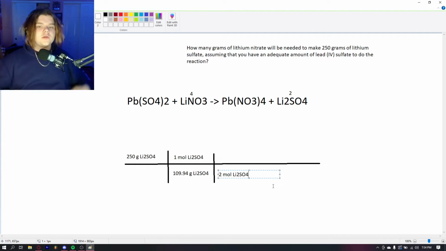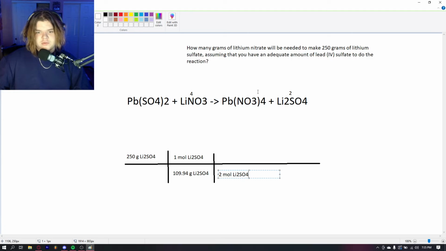After you have that, this is when you do the mole ratio. The question asks that we figure out how many grams of lithium nitrate we will need to make 250 grams of lithium sulfate. So that means we need to get the mole ratio of lithium nitrate and lithium sulfate. Those are the only 2 chemical formulas in the balanced equation that we have a mole count for.